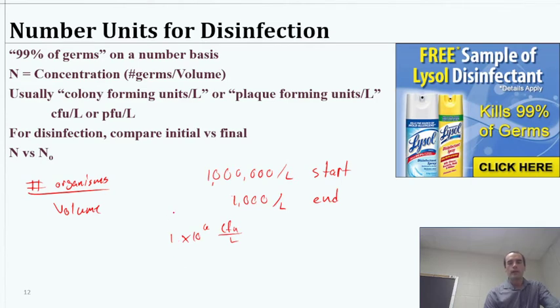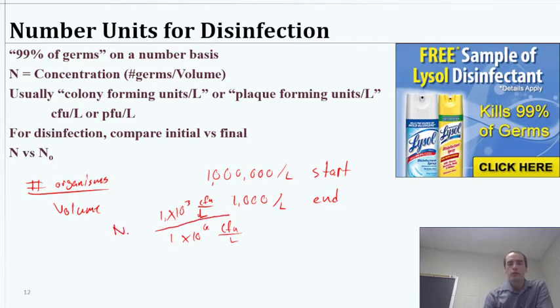And I'm going to say what we ended up with. We'll take our final divided by the initial. So our final was 1,000, so we'll say 1 times 10 to the third colony forming units per liter, and divide that by our initial.